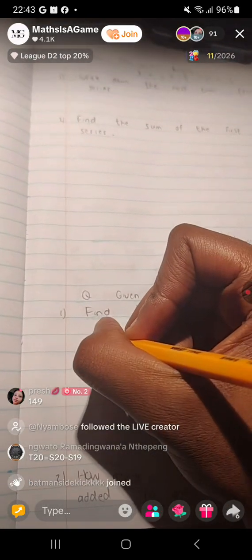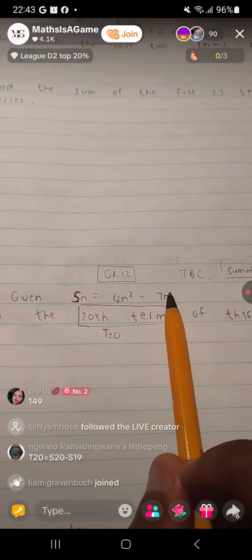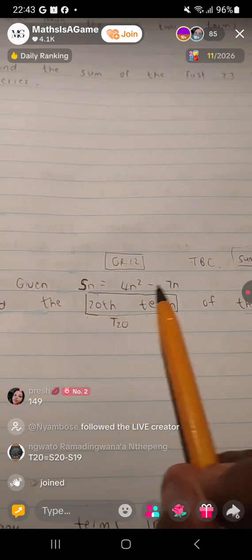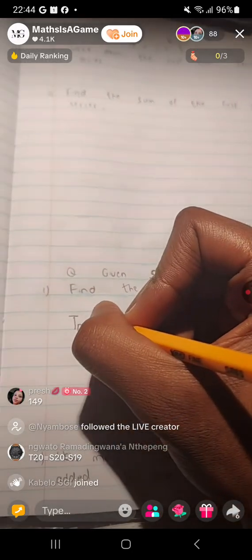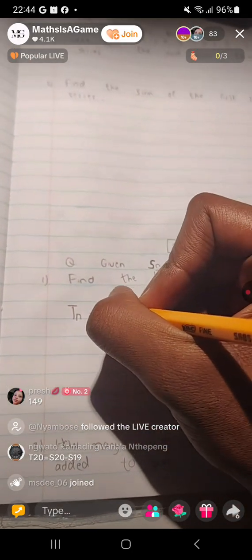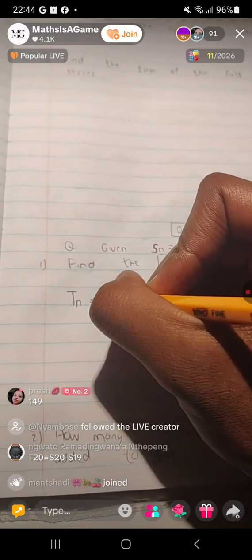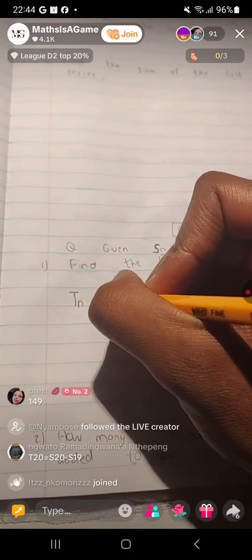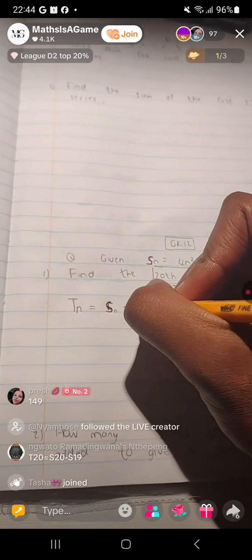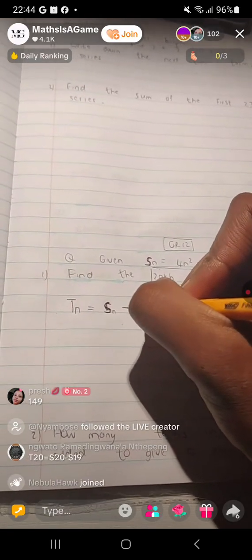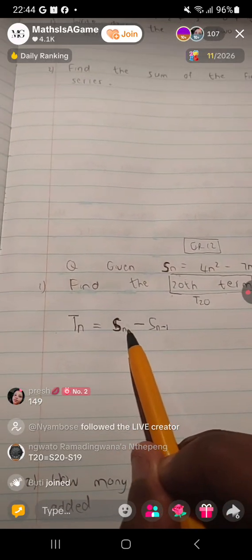Whenever we want to find a specific term from a sum of n terms, we take that particular term we want to find, then we say the sum of n terms minus the sum of one less number of terms for the series.